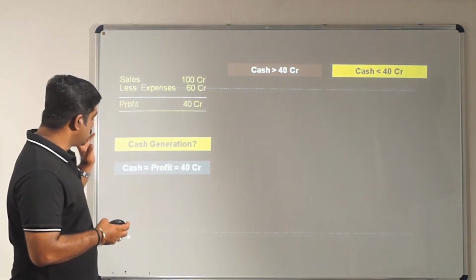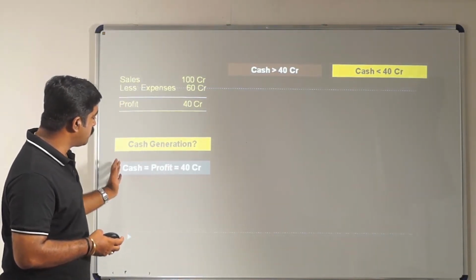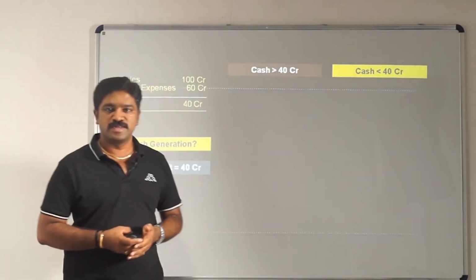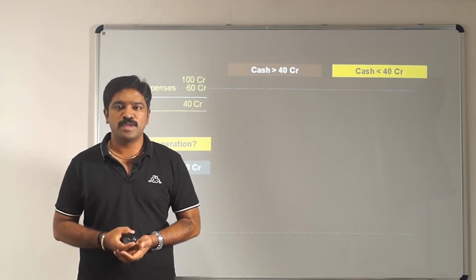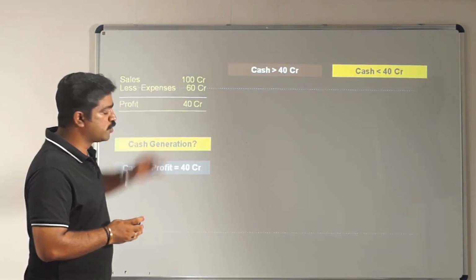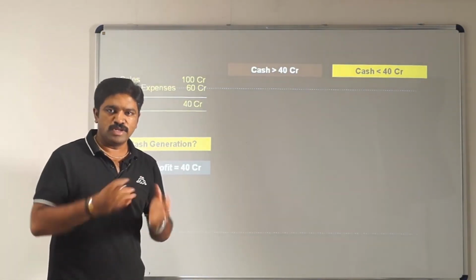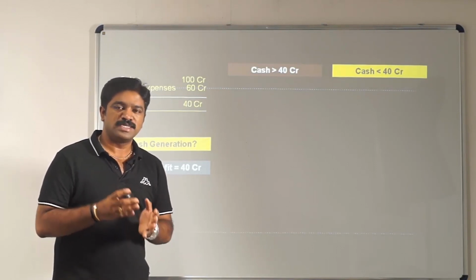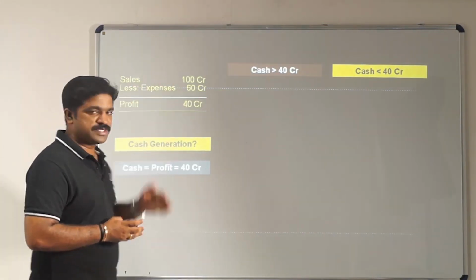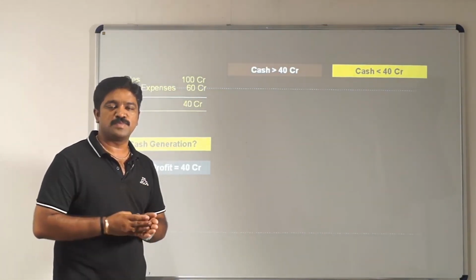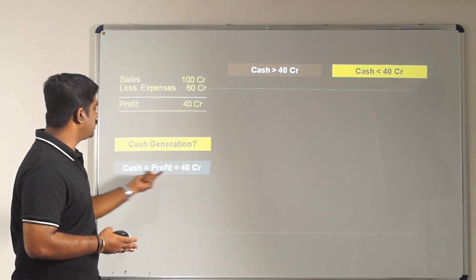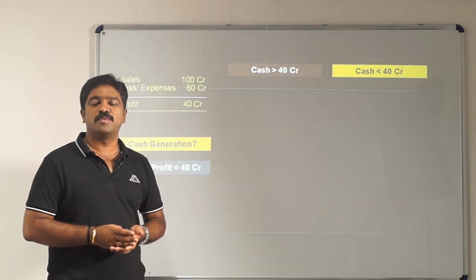Now, the scenario we are looking at is cash can be equal to 40, or greater than 40, or less than 40. When cash generation is equal to 40, follow me very closely. If you have made sales of 100 crore and you have realized all your sales, no customer is pending payment, and if you have incurred expenses of 60 crore and paid all your expenses, then your profit will match cash generation, in which cash will be equal to profit, that is 40 crore.